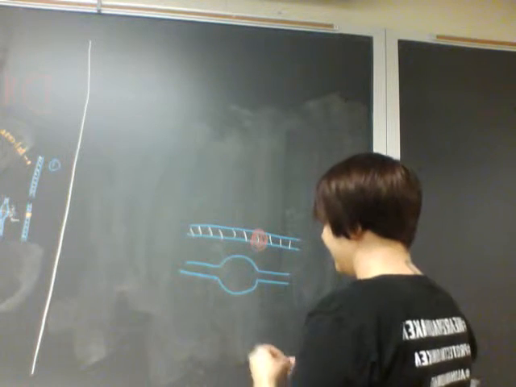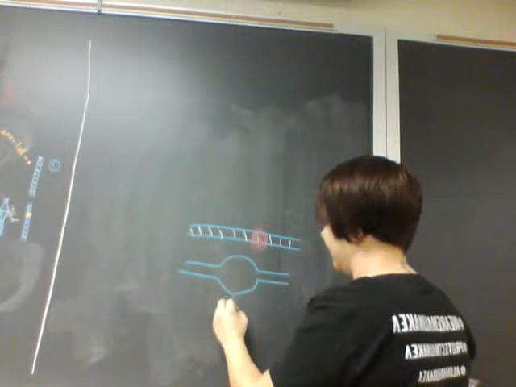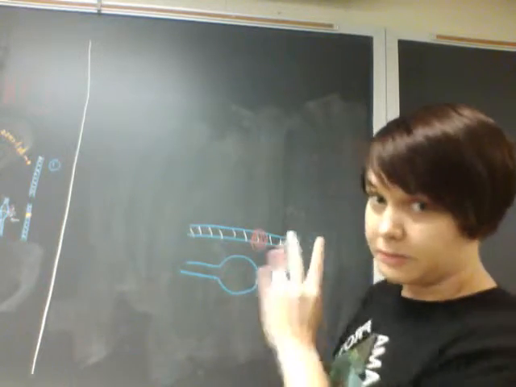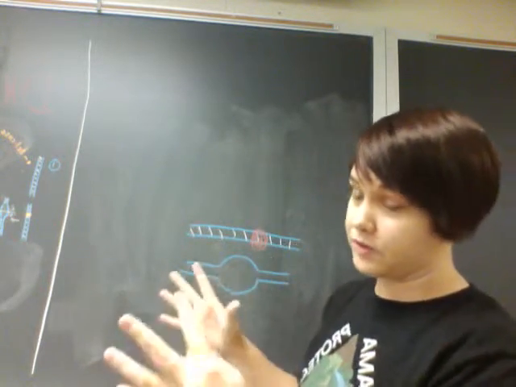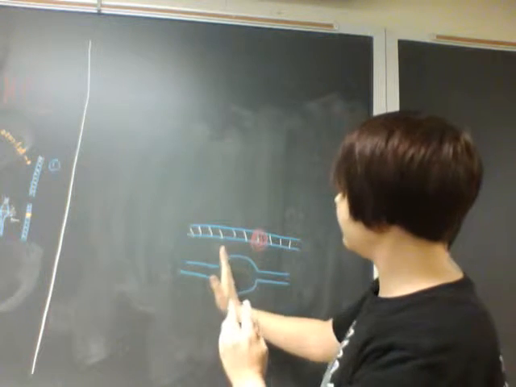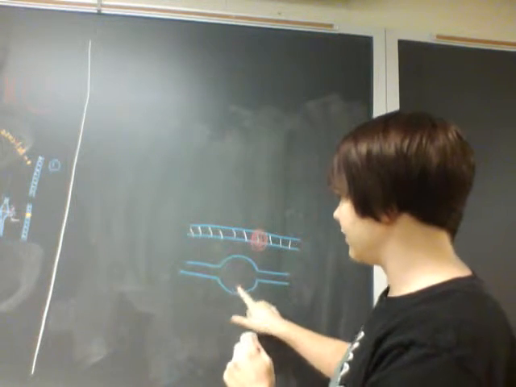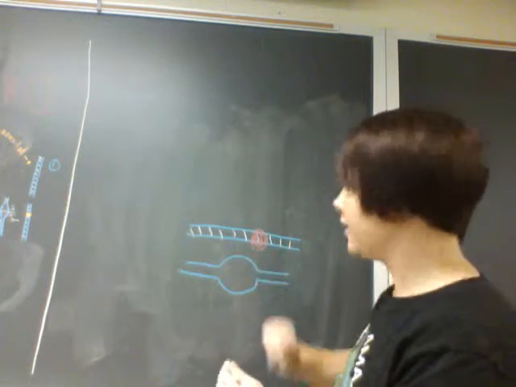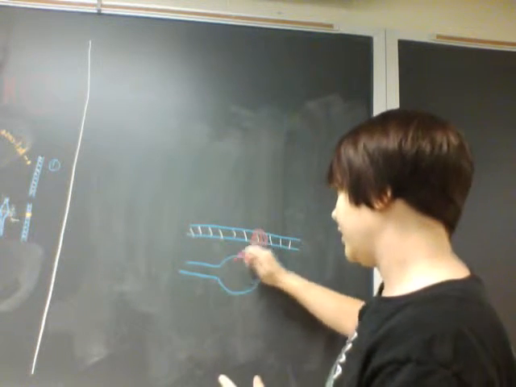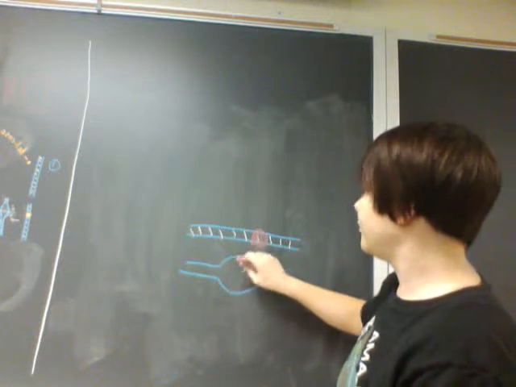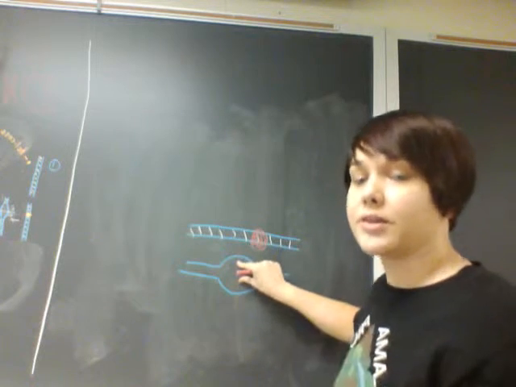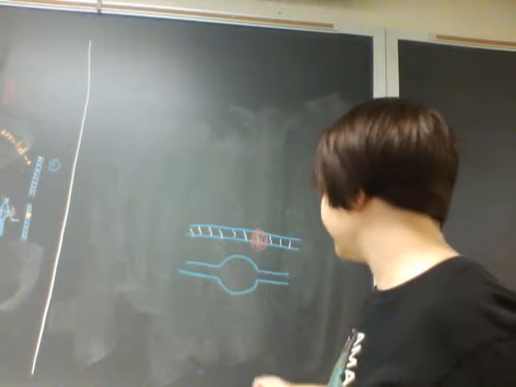So right here at our bubble, we're going to draw a line. And it splits the two. It doesn't split the two DNA molecules, but it puts them in two halves where replication can begin on each segment. So your helicase just makes a little bubble in your DNA so it can begin the replication process.